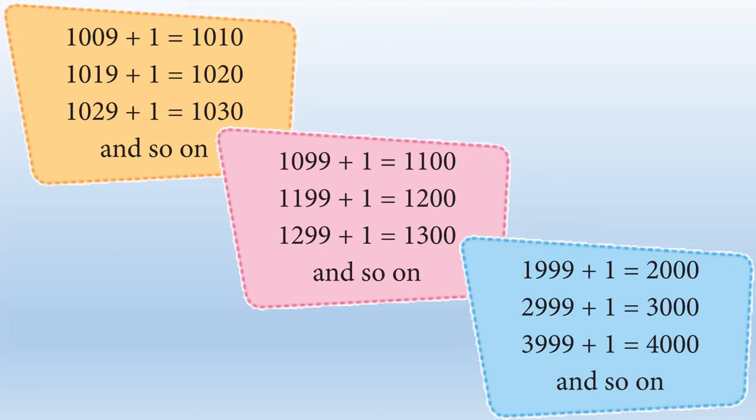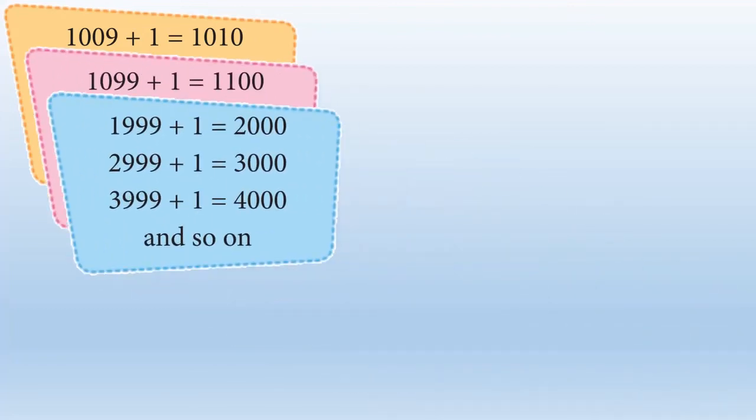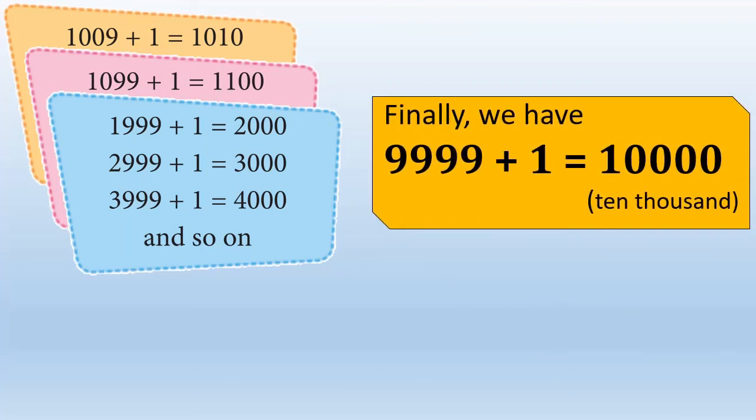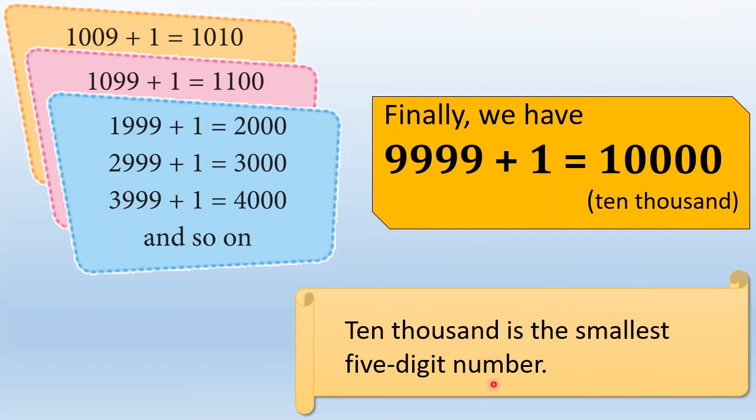If we go on writing the numbers like that, starting from 1001, if we write 9000 numbers, we will get to 9999, and if we add 1 to it, the number obtained is 10,000. 9999 is the largest 4-digit number, and adding 1 to it, we get 10,000, which is the smallest 5-digit number.